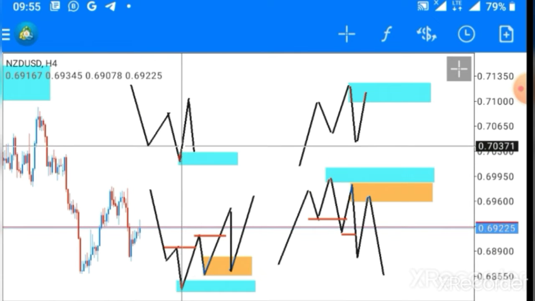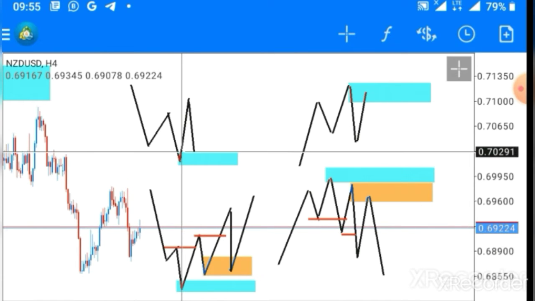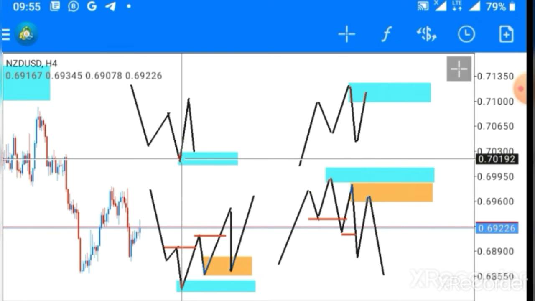When price comes back to this OB, like I told you, it is not a high probability OB, but depending on your risk appetite, you can decide to enter the trade directly from here. But there are two disadvantages if you do so. Number one is this: the size of the 4-hour OB may be too large and it will greatly hamper your risk to reward.